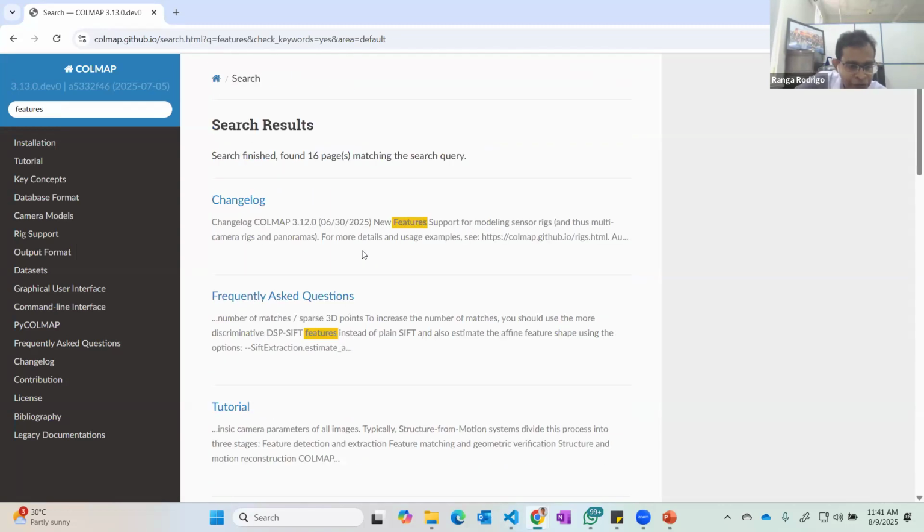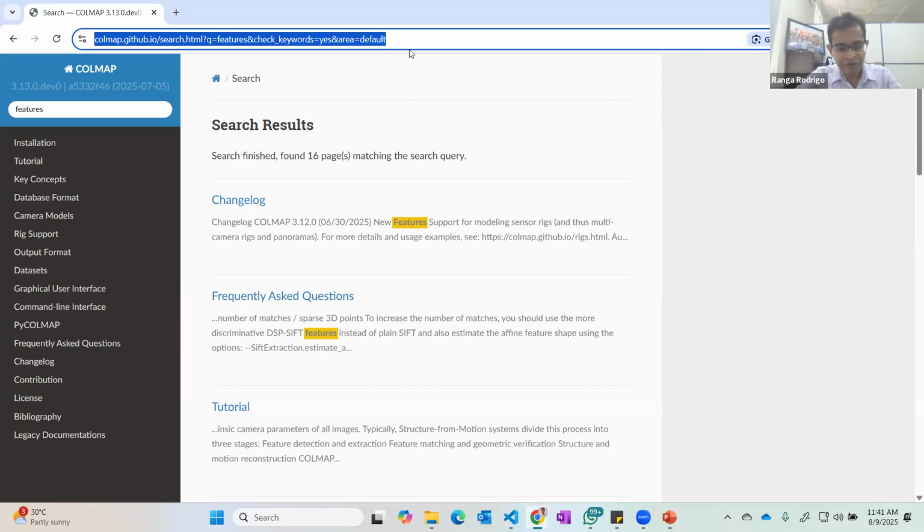You can do that on your own, because I did not do it at home, so I don't want to keep on clicking places. So you can see COLMAP. And then there's one called SuperGlue.